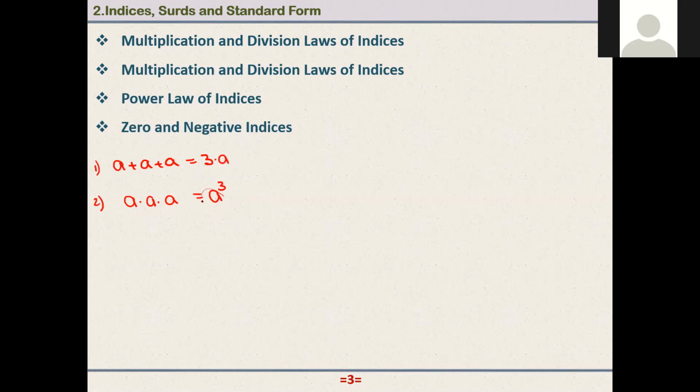So here we call this base, right? And we call this exponent or index, or we just say superscript notation to the right. And how am I going to read this? Just a to the power 3. Anyway, this is how we define these exponential expressions, okay? For this exponent, if you're given any real number a, and n a positive integer, positive integer means 1, 2, 3, 4, what do we mean by this notation, a to the power of n?